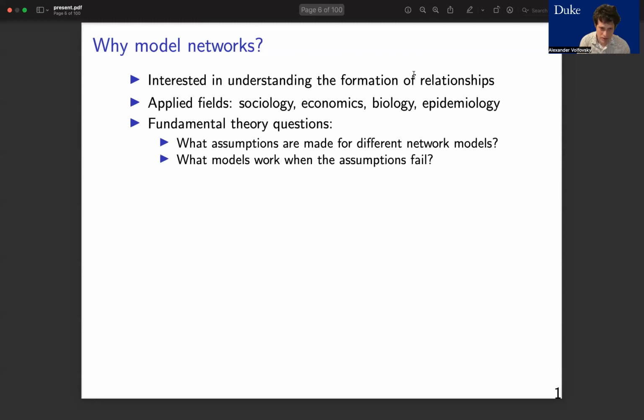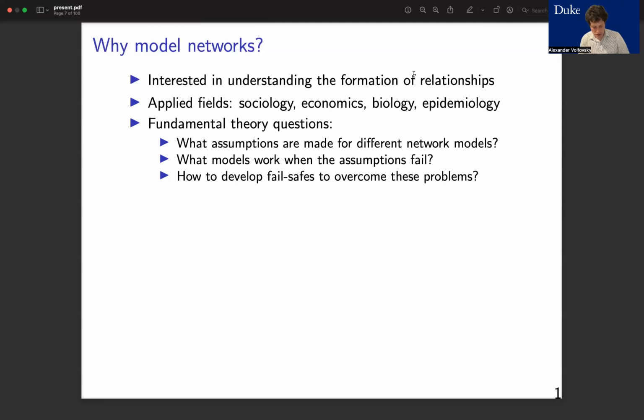And of course, when you make assumptions, they might fail. And so you might be interested in settings where those assumptions do fail. So say you assume that there's some kind of community structure, but there really isn't. What happens then? At a high level, our goal is to develop fail-safes to overcome these problems.